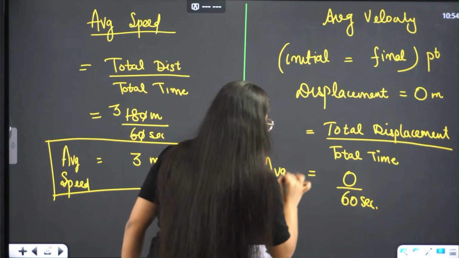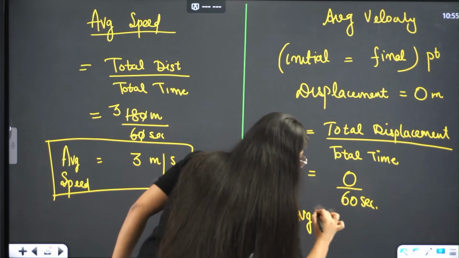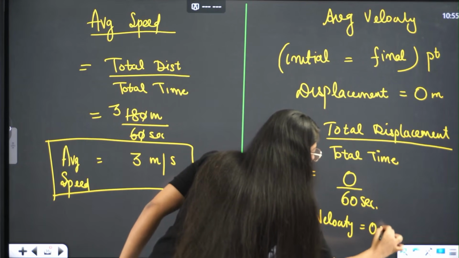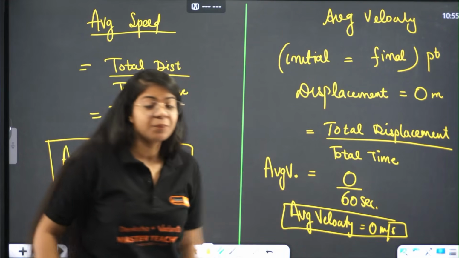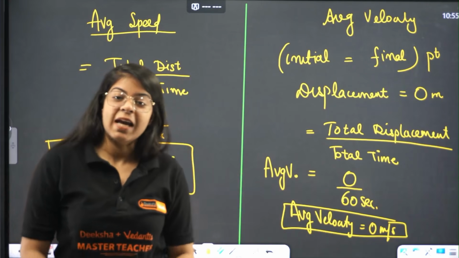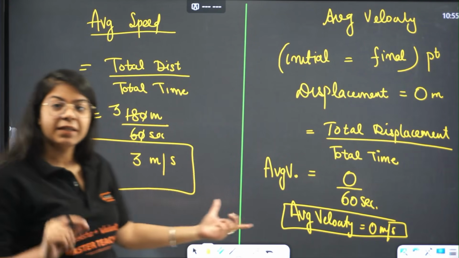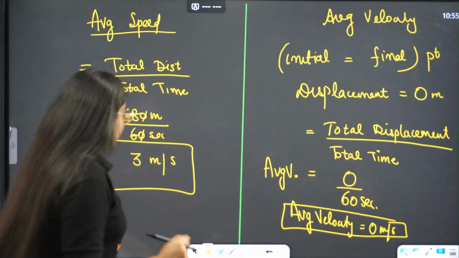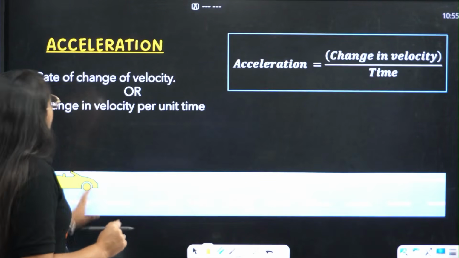And this, my friend, will be your average velocity, which is equal to simply 0. 0 divided by anything will be 0 meters per second. You want to add or you don't want to add, it doesn't matter. But average velocity will be 0. Average speed, on the other hand, is 3 meters per second. Understood? Clearly understood? Okay. Now, let's move on to the next concept, that is your acceleration.